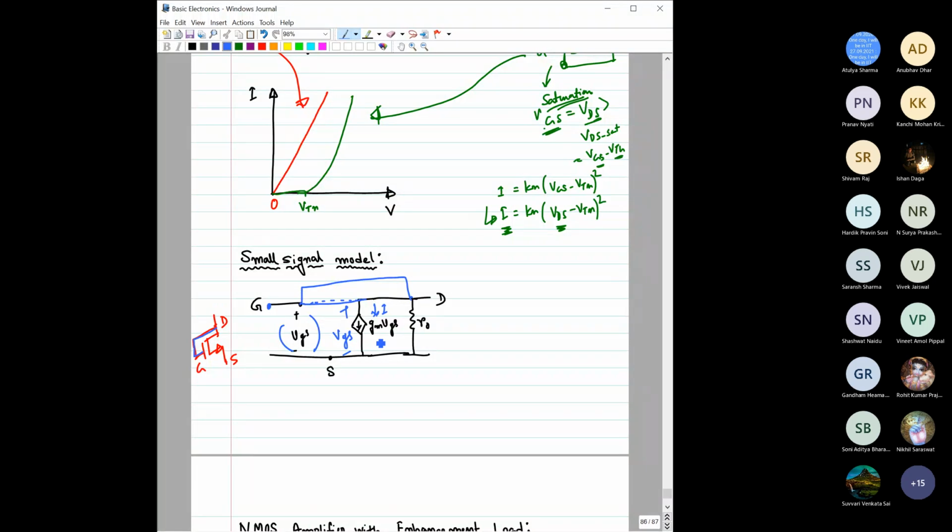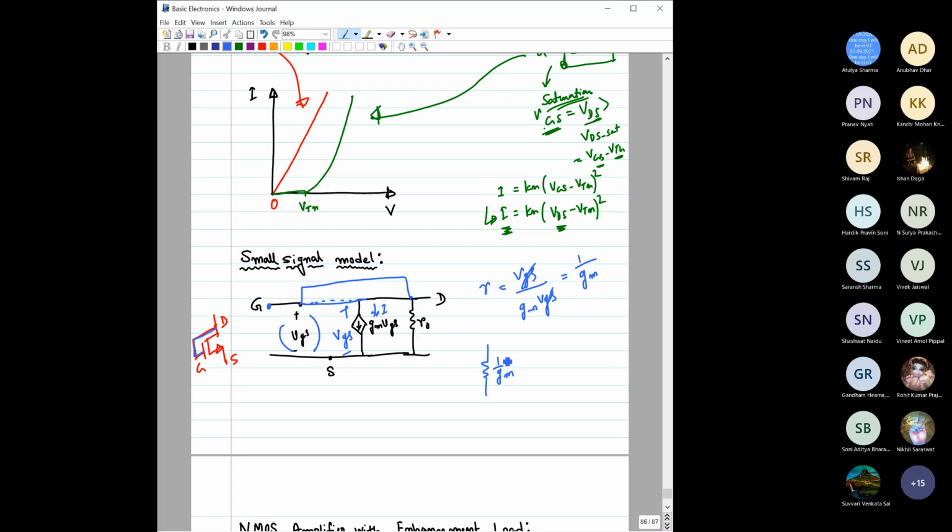Then what is the equivalent resistance of this? The equivalent resistance R would be equal to voltage by current, that is VGS divided by Gm VGS. So basically it is 1 by Gm, the equivalent resistance of this. You can think of it as a resistance of 1 by Gm.